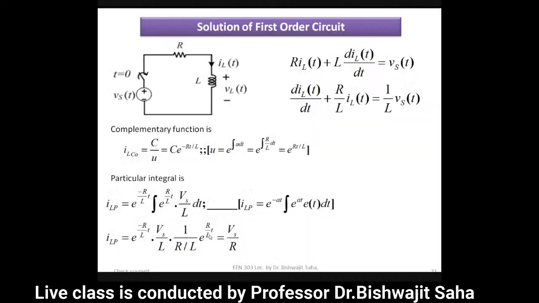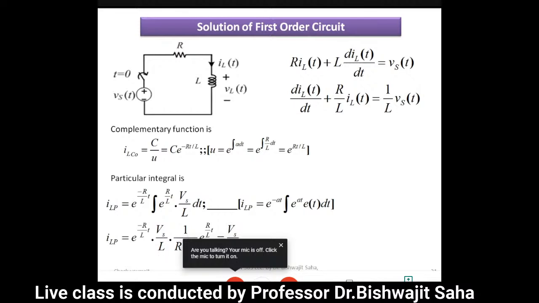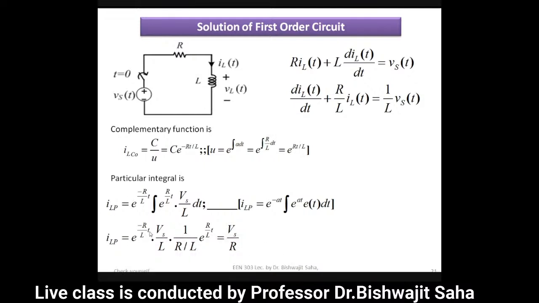Everybody remembers the integration of e to the power At dt equals 1 over A e to the power At, right? So that formula has been used here. After that, cancelling out the L, e to the power R by L t and e to the power minus R by L t are going to be 1, because they have the same base, and it becomes e to the power 0, that is 1.